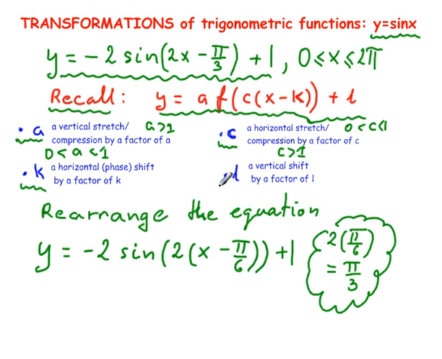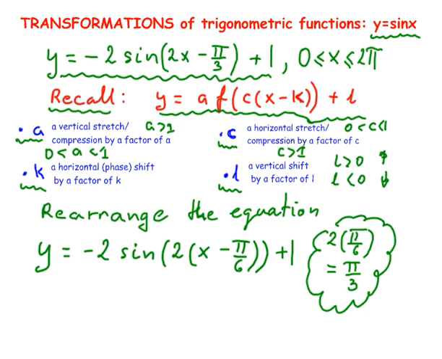And finally, coefficient L, the constant that is added to the entire y value, is simply vertical shift. When L is positive, you go up with the graph, while when L is negative, you move the entire graph down.